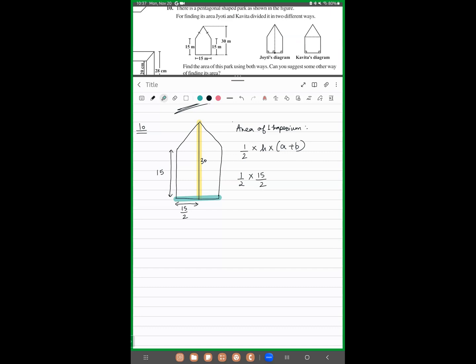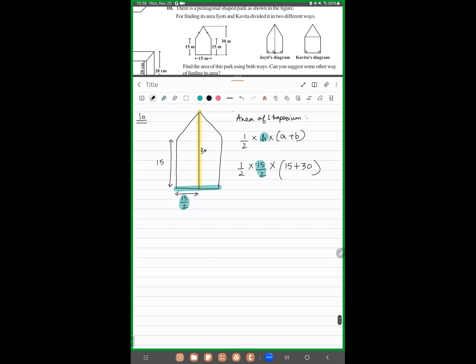Okay, so 15 by 2 is the height, into a plus b, which is 15 plus 30. This is area of one trapezium.